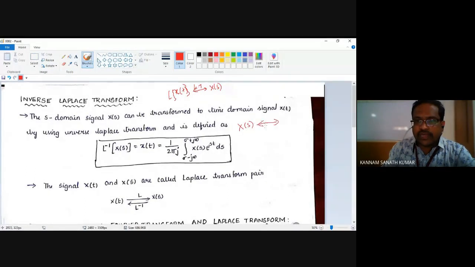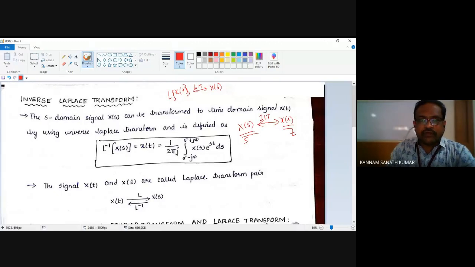When you apply the inverse Laplace transform, same as the inverse Fourier transform, you get the time domain signal x(t). So when you apply it to X(s), you get x(t). You go from the S domain to the time domain, and we call that the inverse Laplace transform.